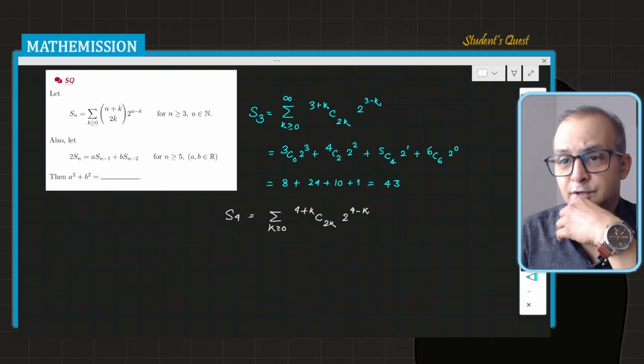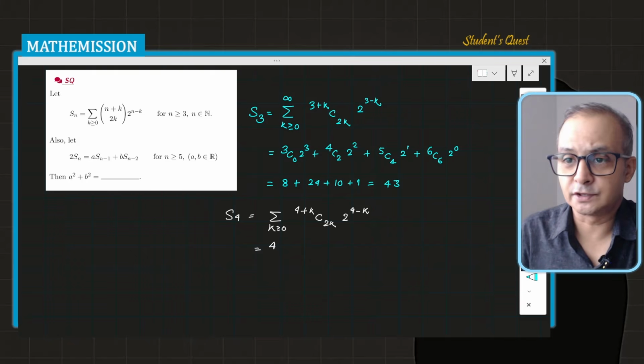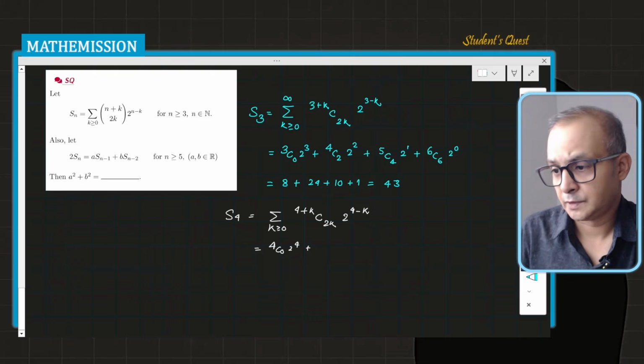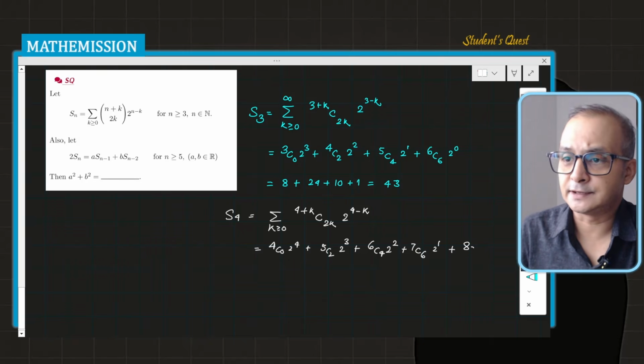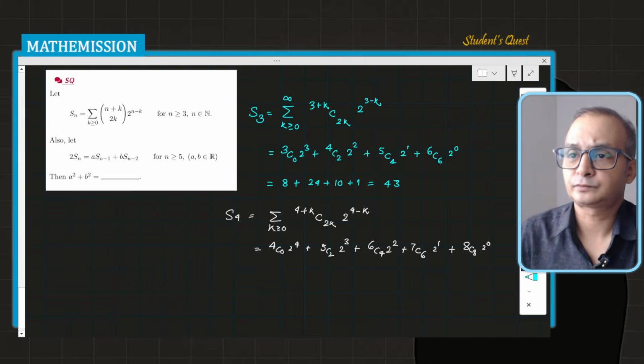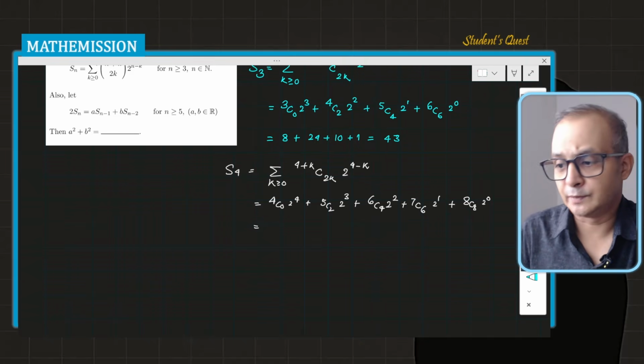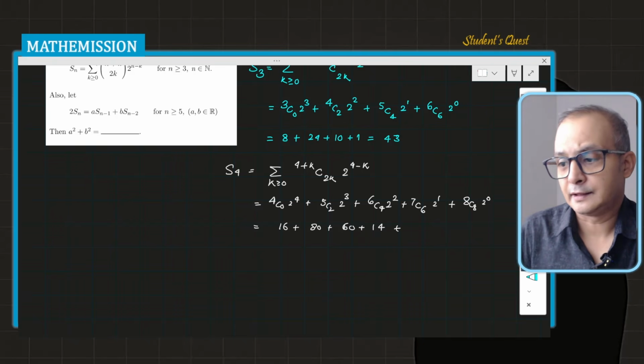Substituting the values, we get 4C0 times 2 to the power 4, plus 5C2 times 2 cubed, then 6C4 times 2 squared, 7C6 times 2 to the power 1, and 8C8 times 2 to the power 0. Calculating each of them gives 16, 80, 60, 14, and 1, which gives 171.